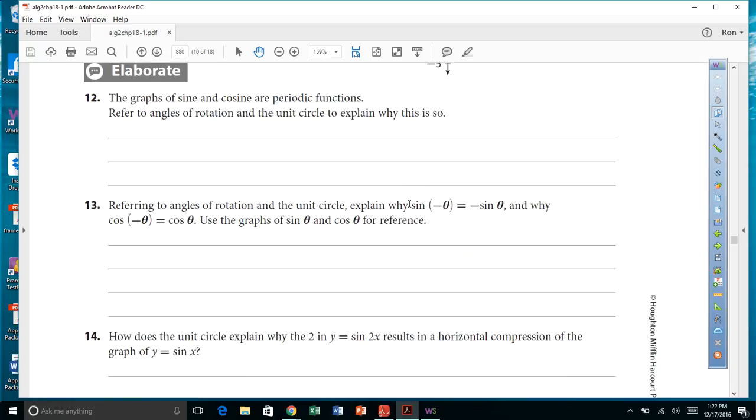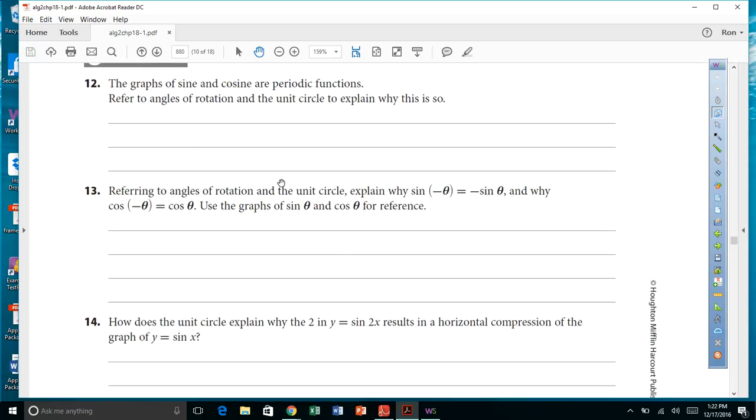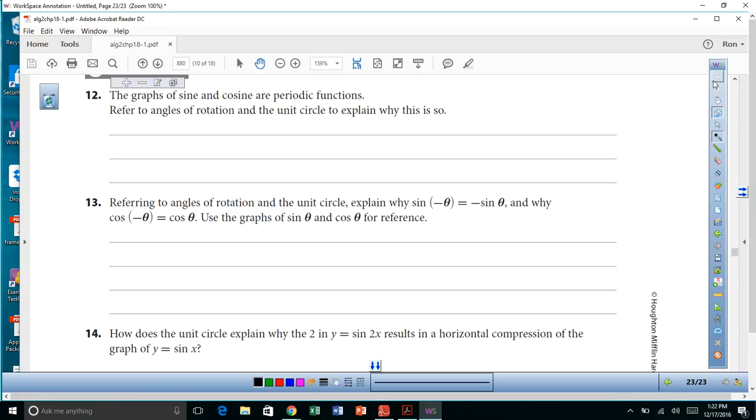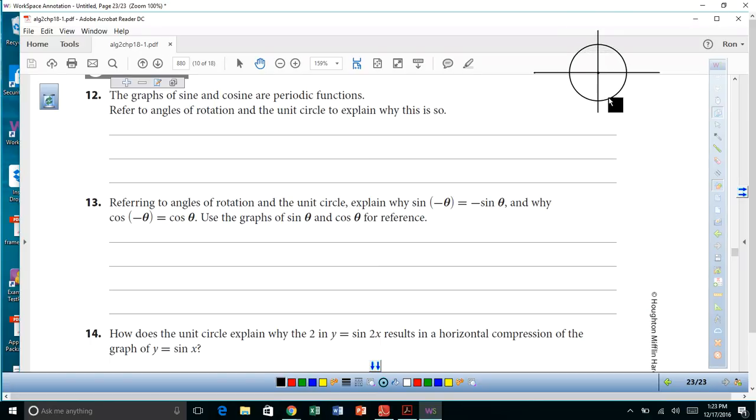Number 12. The graphs of the sine and cosine are periodic functions. Refer to angles of rotation and the unit circle to explain why this is so. Let me draw the unit circle.